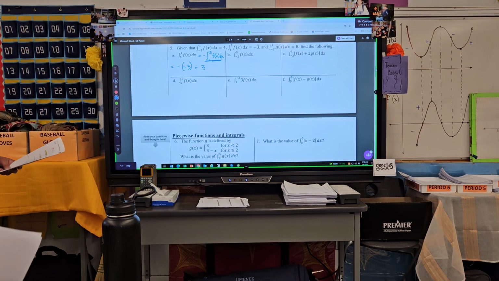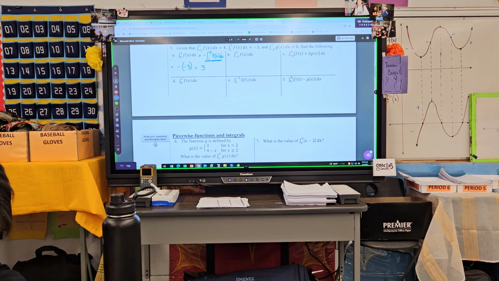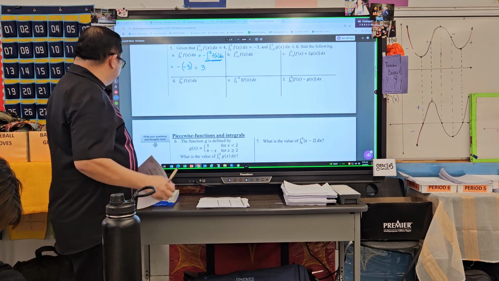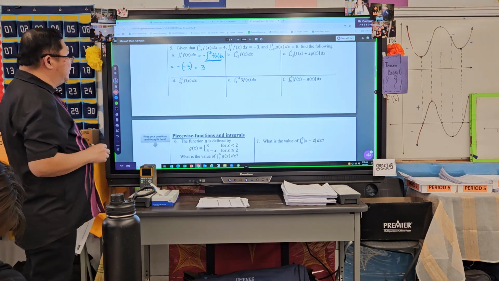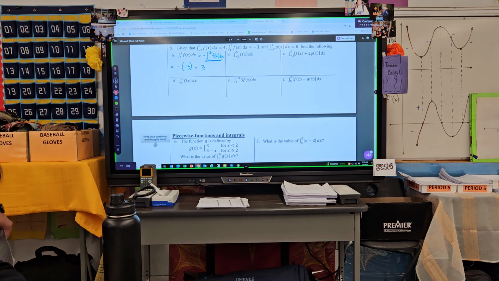Why would it be 5? Okay. So, question B. The integral from negative 2 to 5 of f of x dx.